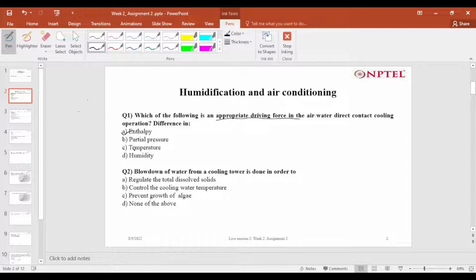Question two: blow down of the water from a cooling tower is done in order to... Blow down means this side, this is the blow down of the cooling tower. The purpose of the blow down is to regulate the total dissolved solids, right?